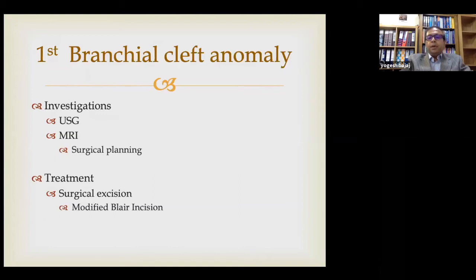In an MRI scan, what I am really looking for is whether this anomaly or sinus tract is superficial or deep to the facial nerve. That really helps me with the surgical planning. Ultimately, the treatment will be surgical, and it will be a parotid type approach with a modified Blair incision.